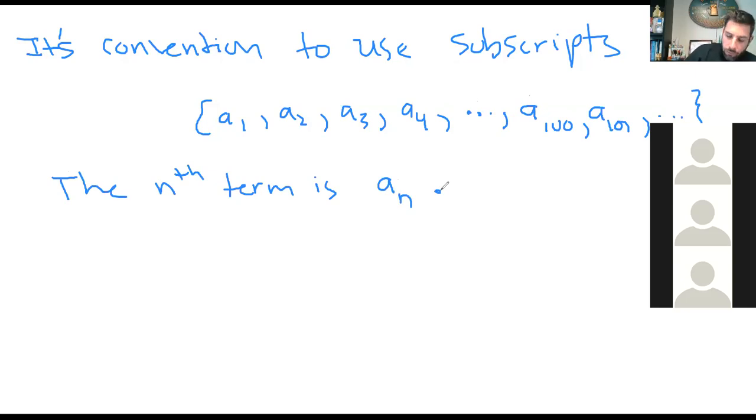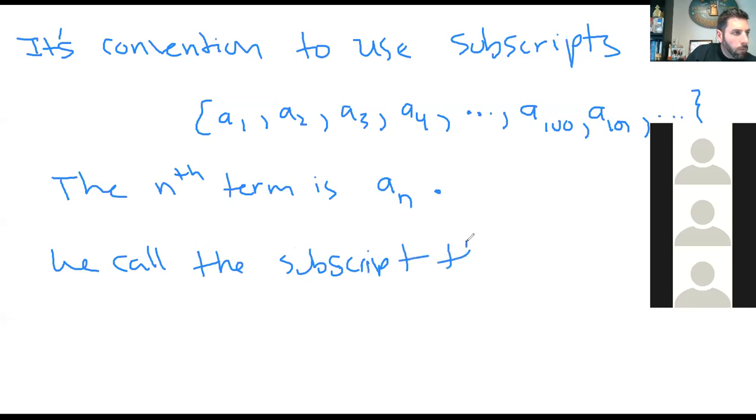And so as you know from previously, the subscript has a name. It's called the index. Does anybody have a question?